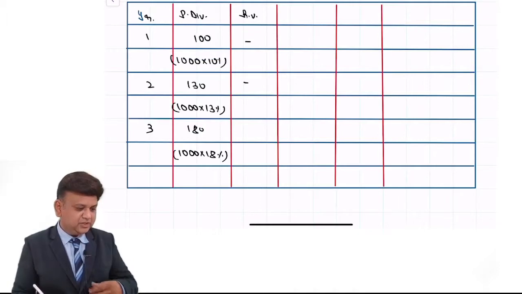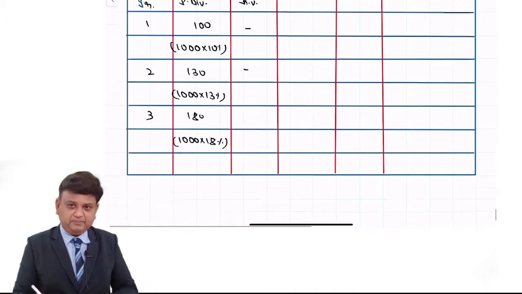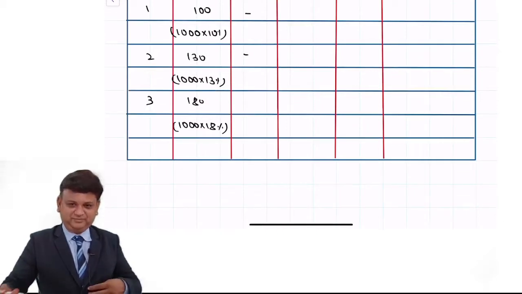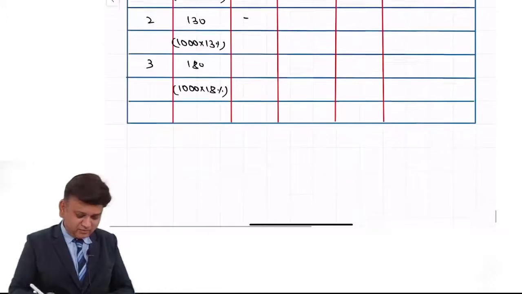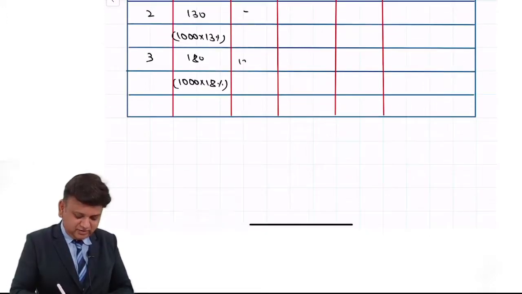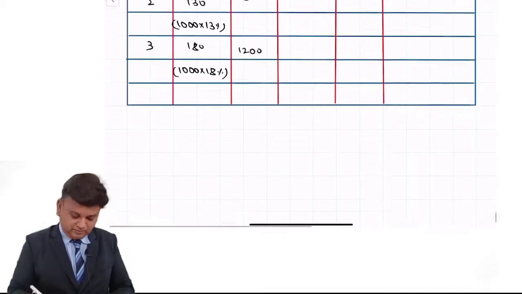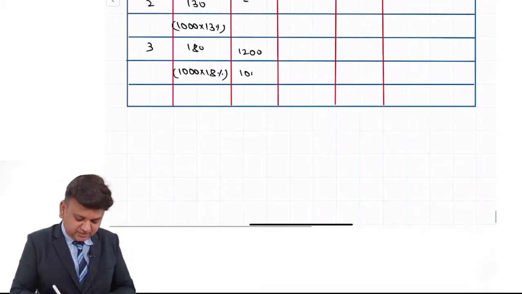Redemption value of the security. It has been given it will be redeemed at 20% premium. So we understand that an amount of rupees 1200, that is 1000 plus 20 percentage.